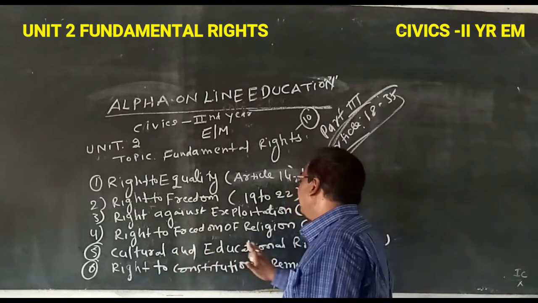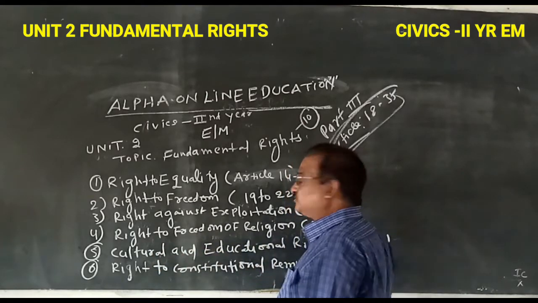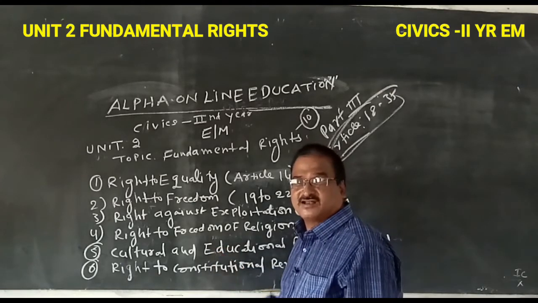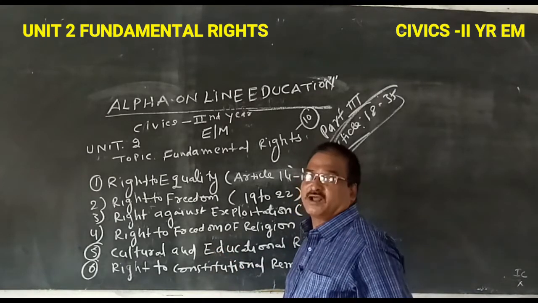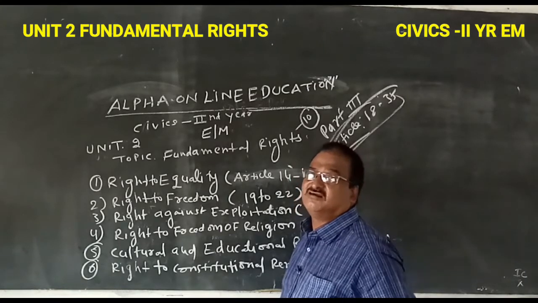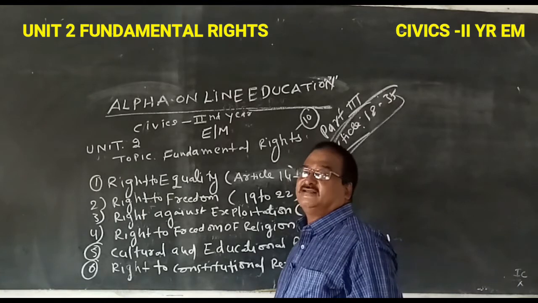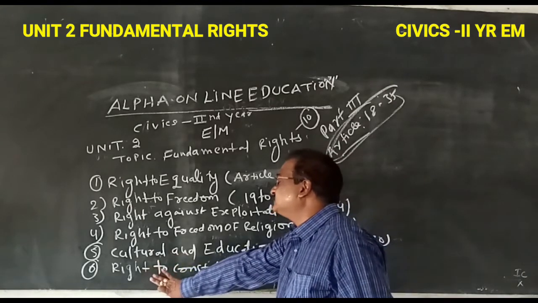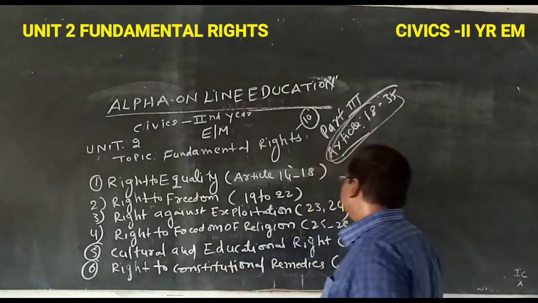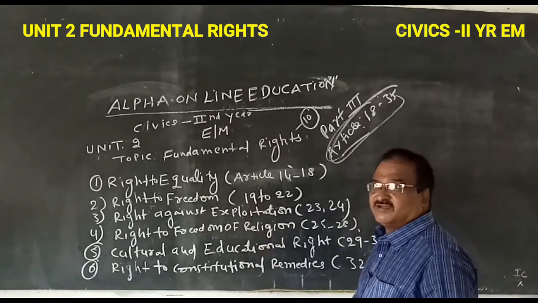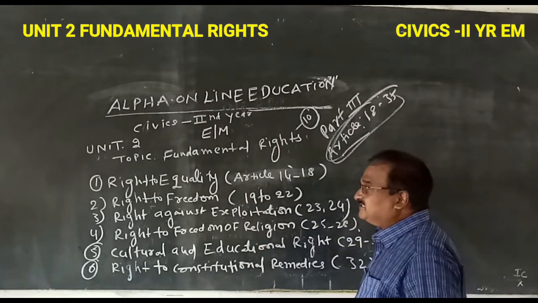The cultural and educational rights are Articles 29 and 30. Article 31 was the right to property. Now the right to property is not a fundamental right, it is a legal right. And the sixth one is the right to constitutional remedies. So these are the 6 fundamental rights of the citizen.